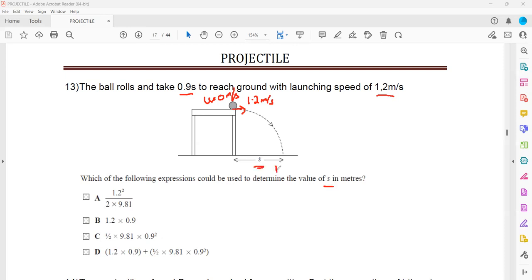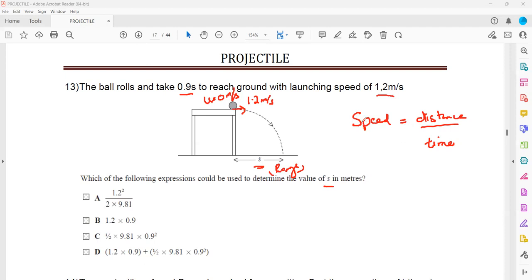S is the range. Whenever we want to find the horizontal distance, we always use the horizontal component, like whenever we want to find range. So we have the formula speed is distance over time, and this formula is valid if an object is moving at a constant speed. If it accelerates or decelerates, then we have to use the equations of motion.